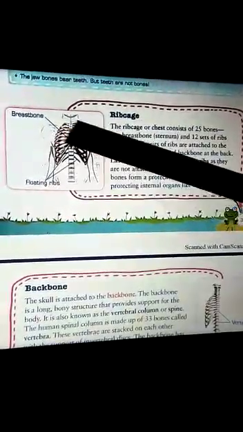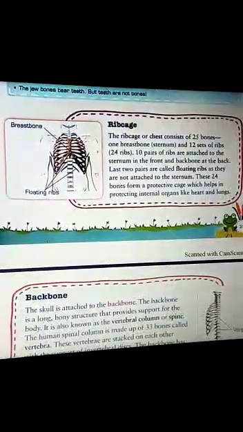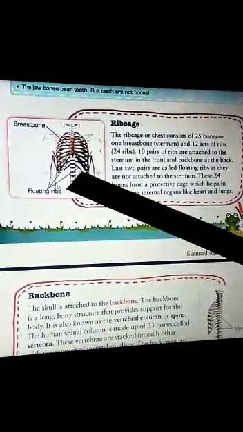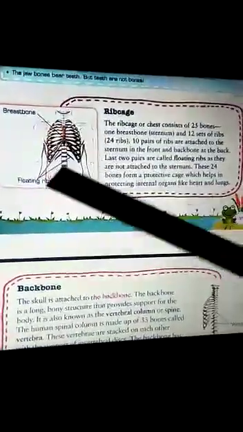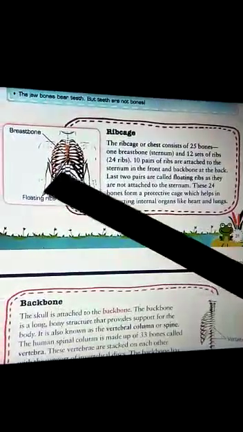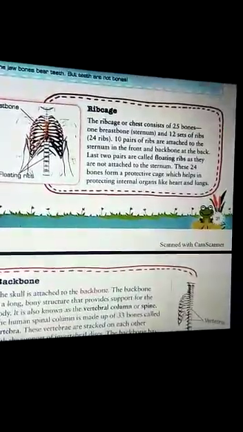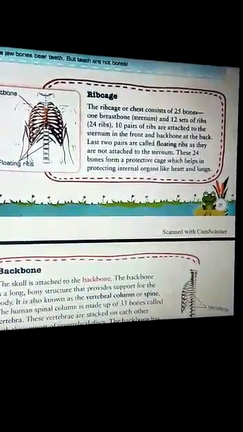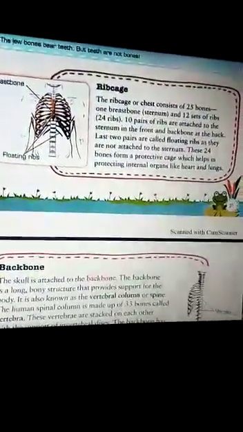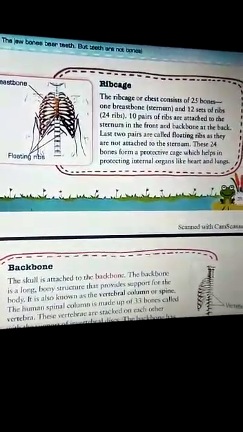So they are making a cage-like structure. And the last two pairs of ribs, however, are not attached to the sternum in the front or to the backbone. So they are floating. They are like floating ribs. So the rib cage is protecting our lungs and heart, and here also we can see that the bones are protecting our soft organs.